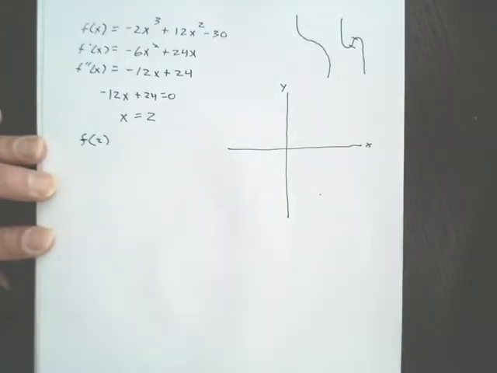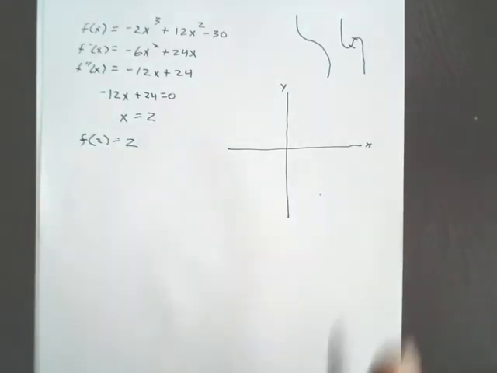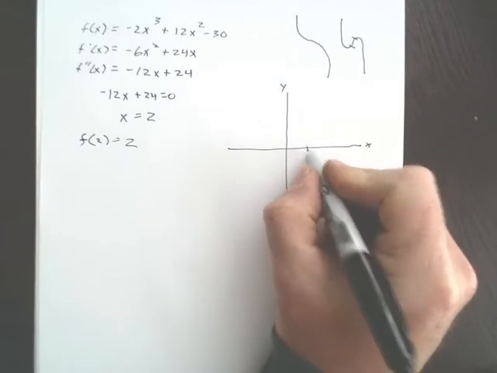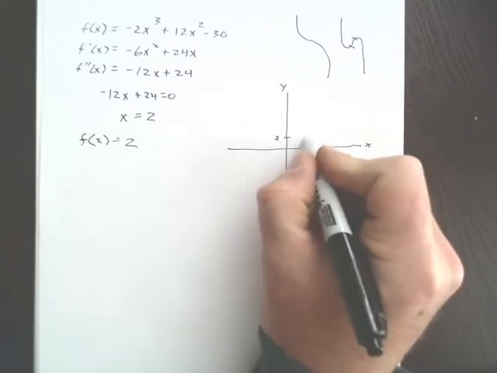Breaking out our trusty calculator, f of 2 is negative 2 times 2 cubed plus 12 times 2 squared minus 30. So f of 2 equals 2. Out here at x equals 2 and y equals 2, we've got our inflection point.